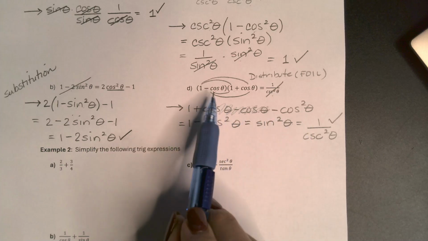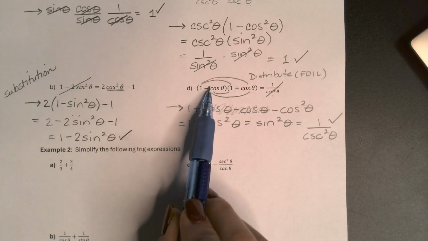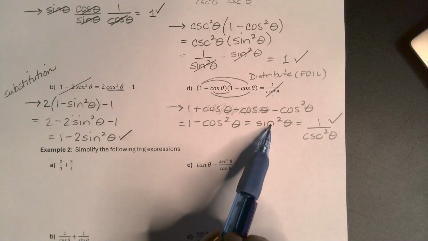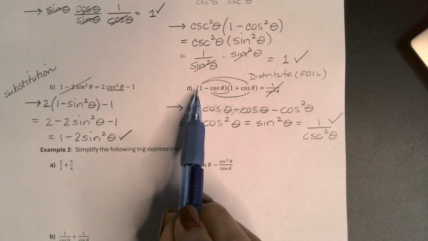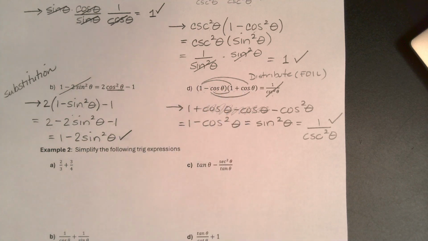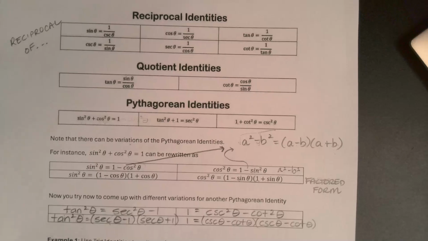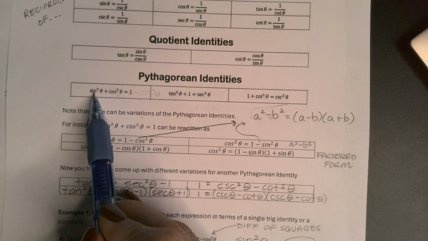If you recognize that this was difference of squares and you just went straight from here to here, that is completely worthy to be applauded, but totally okay in doing so. If you notice this was an A minus B, A plus B format, and you recognize that that merely was you doing this problem for sine squared.